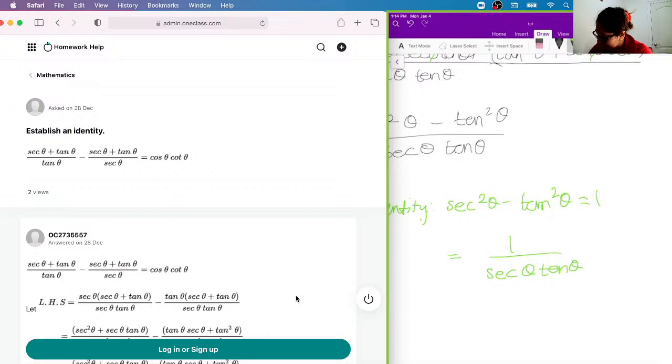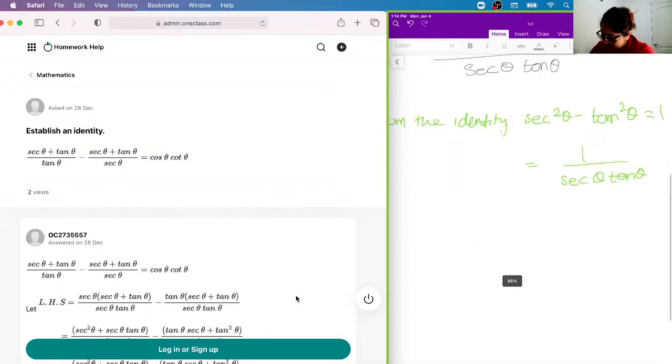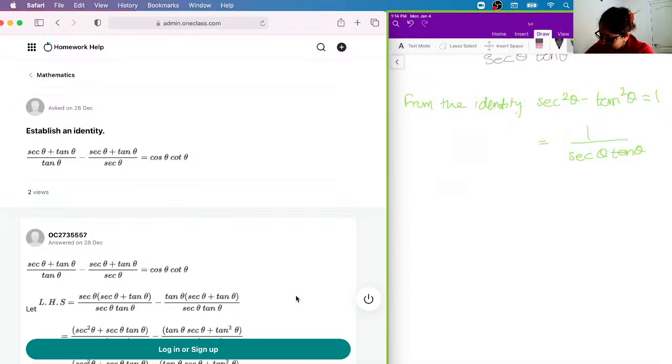And from using that identity, we can say that 1 over secant theta is equal to cos theta, and 1 over tan theta is equal to cotangent theta, right?